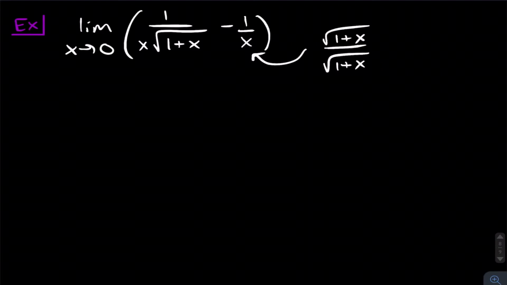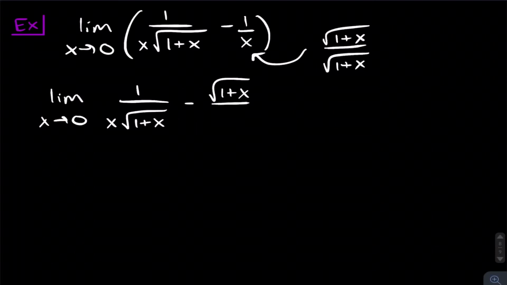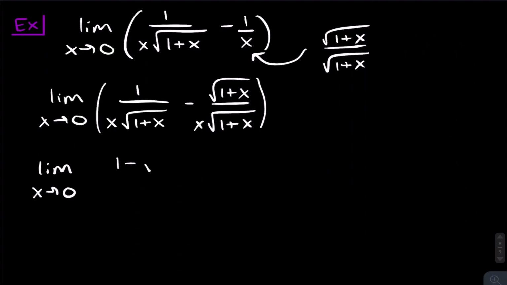In doing that, we get the limit as x approaches 0 of 1 over x square root of 1 plus x minus the square root of 1 plus x over, oh sorry, x times the square root of 1 plus x. Now, let's just combine, that's what we do with common denominators. We get 1 minus the square root of 1 plus x over x square root of 1 plus x.